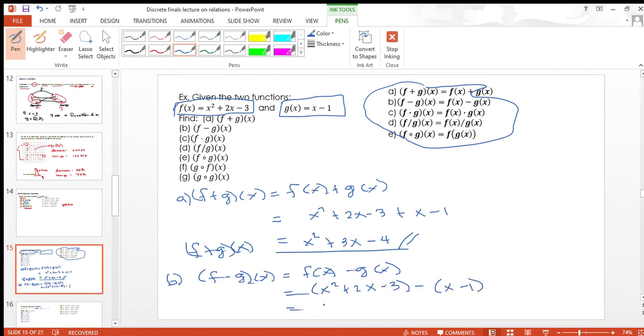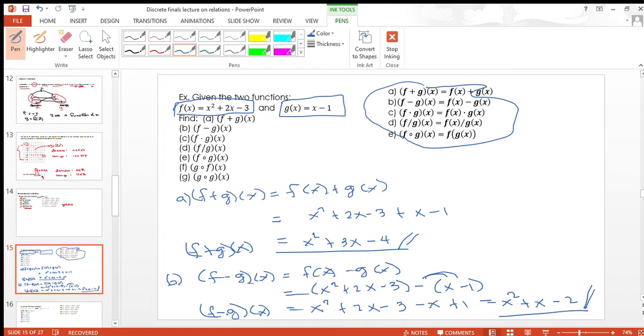So this must be equal to x squared plus 2x minus 3. Distribute the minus sign. That becomes minus x plus 1. Thus, this is now equivalent to, combining similar terms, we have x squared, 2x minus x will be positive x. And then we have minus 3 plus 1 is minus 2. X squared plus x minus 2 will now be equivalent to f minus g of x.